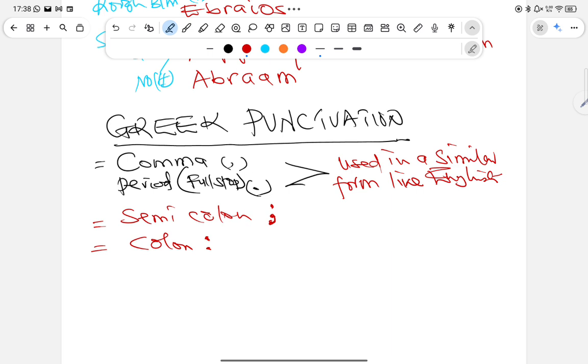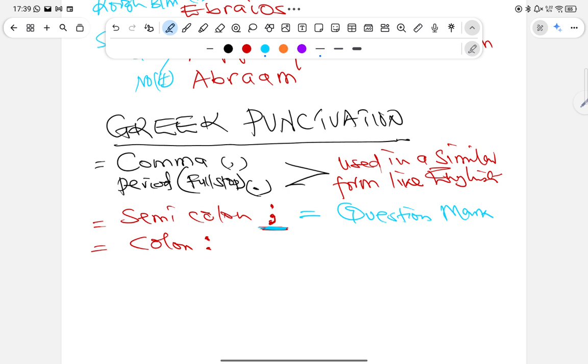Now, you're going to find something like this one. This, in Greek, what appears as a semicolon in English, in Greek it is a question mark. So when you find something like this, which in English is a semicolon, in a Greek text it is not a semicolon, it is a question mark.